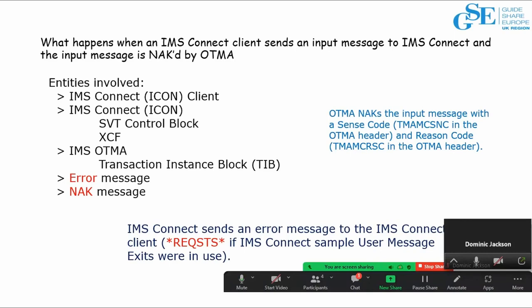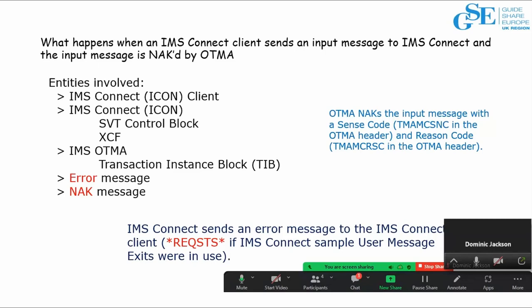So let's go through the steps. The IMS Connect client sends an input message to IMS Connect. Pretty simple. The initial steps are going to be similar. IMS Connect will allocate an SVT control block for the client if the SVT control block doesn't already exist.